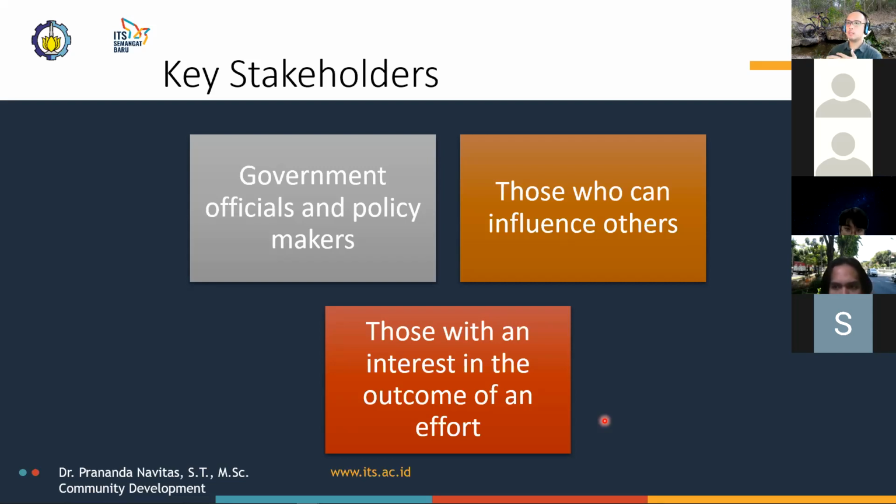They argued that if people can't park in front of their business, their restaurant, cafe, or whatnot, then nobody's going to come in. That's how they argued against the removal of 50 odd parking spaces. So that's an example of businesses, or an example of those with an interest in the outcome of an effort.